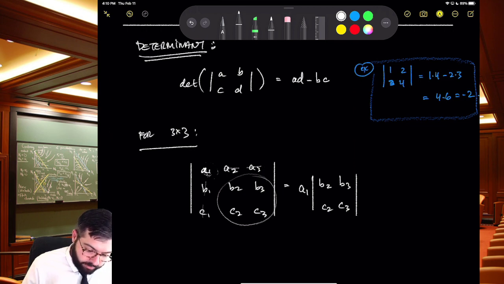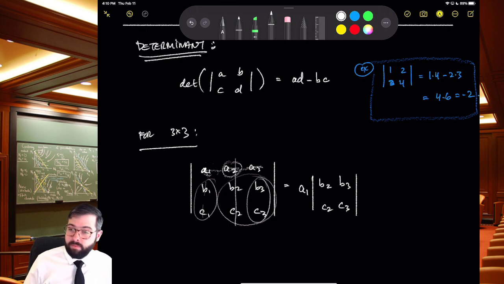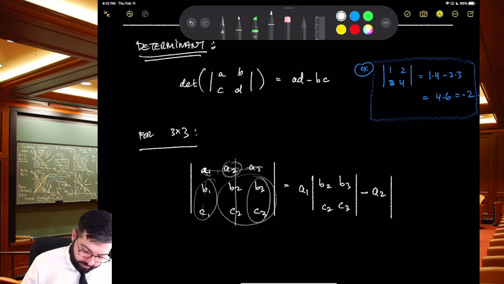For A2, you don't consider the row or column it's in, and you take the determinant of the remaining entries. And it's a minus here too. So it's minus A2, determinant of B1, B3, C1, C3.